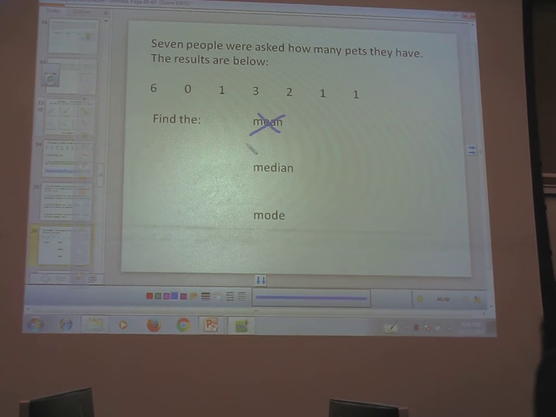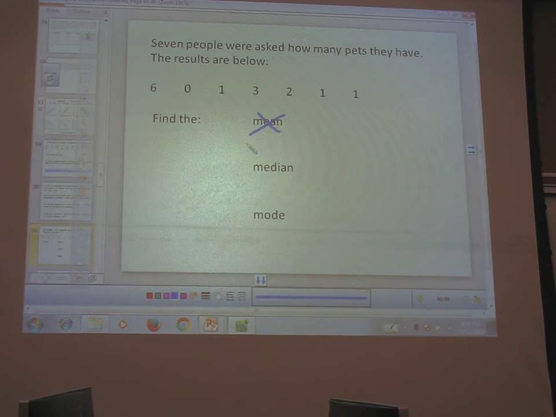Take 20 seconds, find the median. Find it. Is the median 3? No, you gotta put this data in order first.